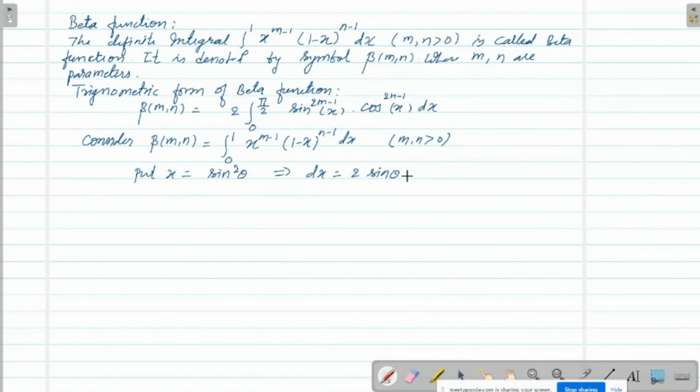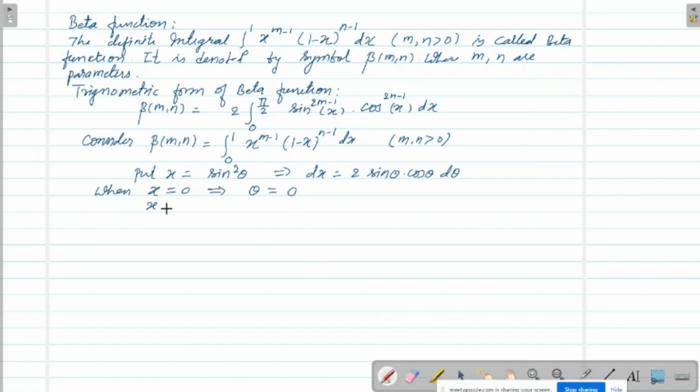Whenever you use substitution, just change your limit. When x equal to 0, then theta will also be 0.